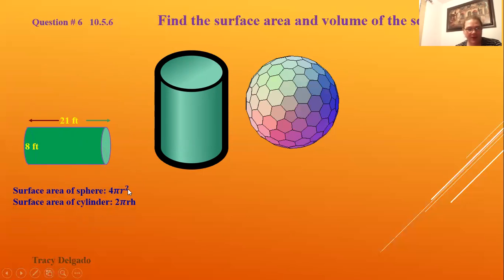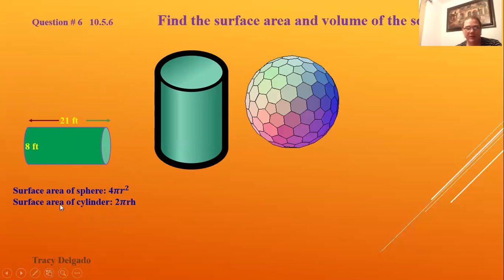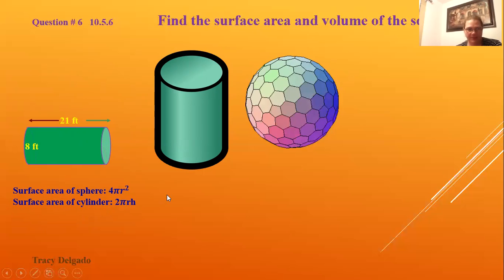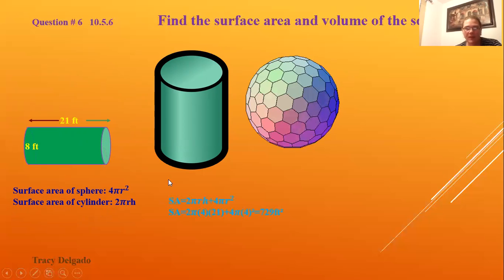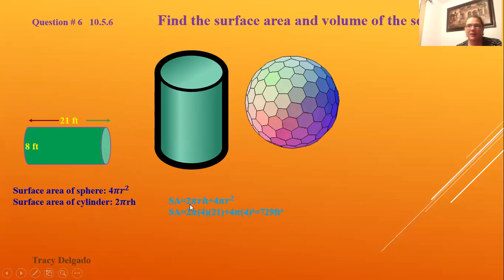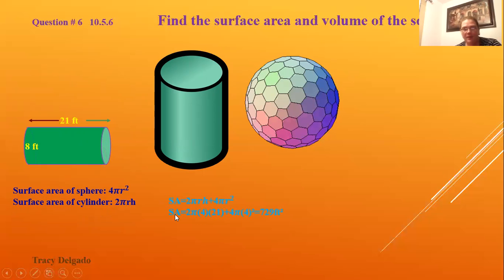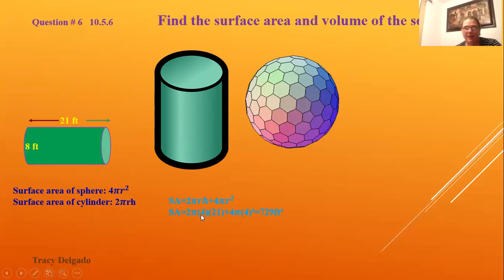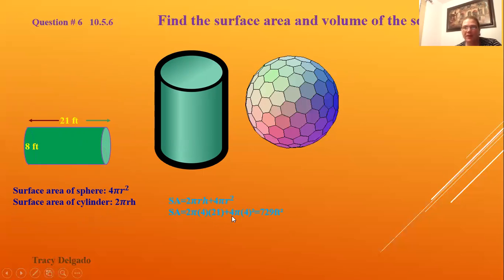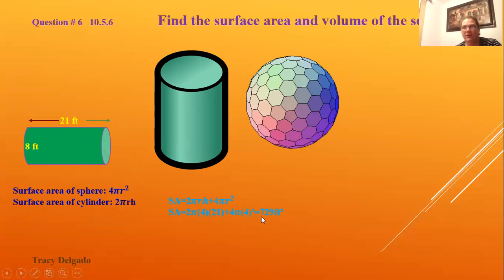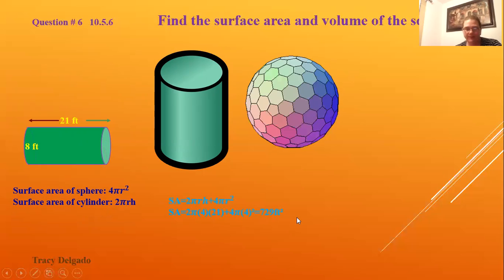Anyway, the surface area of the sphere is 4 pi r squared, and the surface area of the cylinder is 2 pi r h. So the surface area is 2 pi r h plus 4 pi r squared. And the surface area will equal 2 pi times 4 times 21 plus 4 pi times 4 squared, and that equals 729 feet squared.